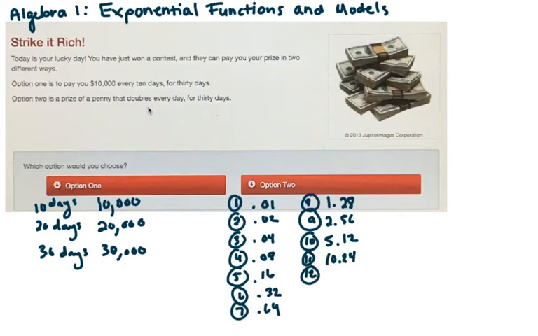Day 12, $20.48. Day 13, $40.96. Day 14, $81.92. Day 15.